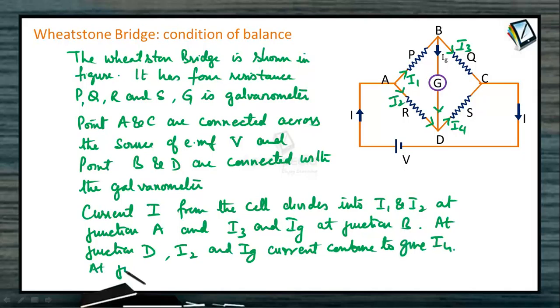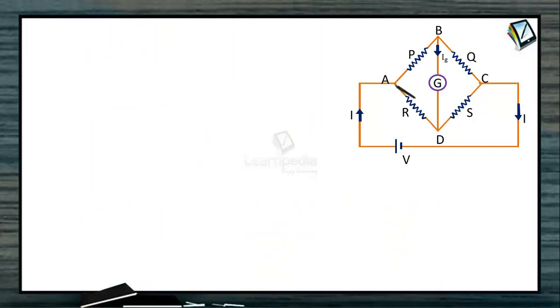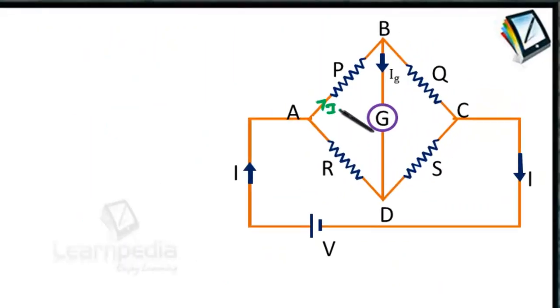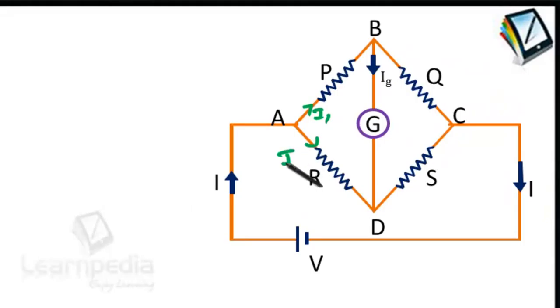At junction C, I3 and I4 combine to give back the current I.